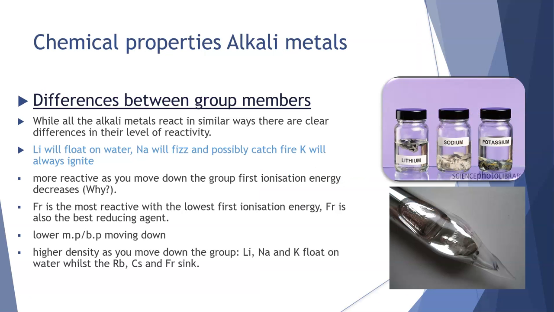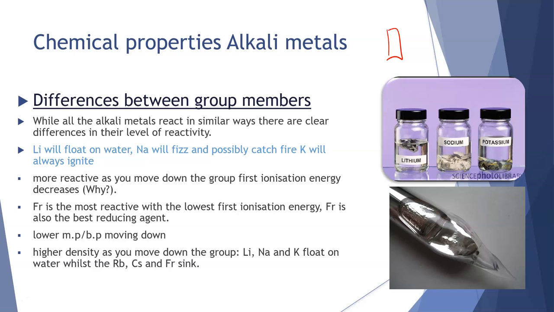So when we look at the differences between group members, remembering that these are all in the same column of the periodic table, we can see that they have different densities and different reactivities. The further down the group you move, the more reactive the elements are, and the first ionization energy decreases. So we also see a lower melting point and boiling point moving down because of the larger size of the atoms.